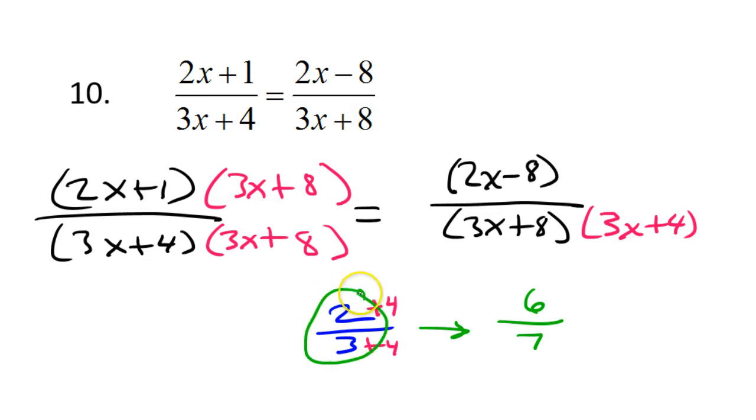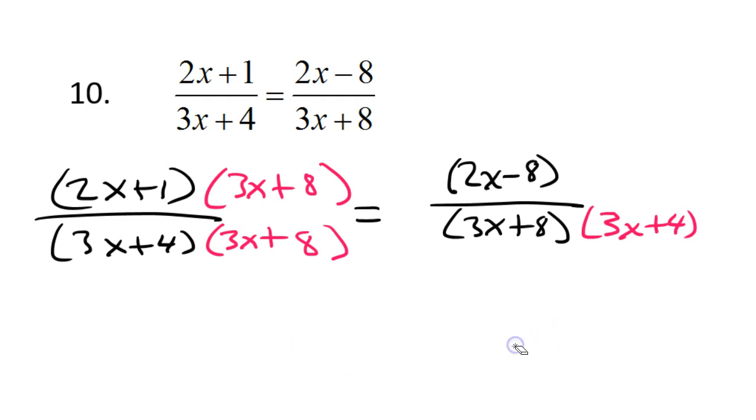Does 2/3 equal 6/7? No, it just doesn't. 6/7 doesn't somehow reduce down to 2/3. So adding something to the top and the bottom does not keep it the same. So we have to stick to multiplication.